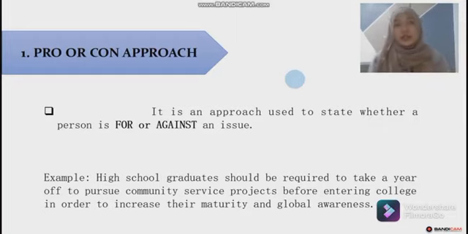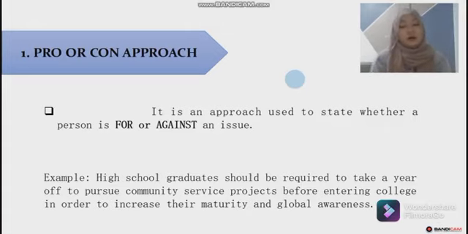They will be knowledgeable enough in dealing with situations like taking part in community service projects. Number 2, it will be a great new experience for all of them. Number 3, their maturity level and global awareness will increase.